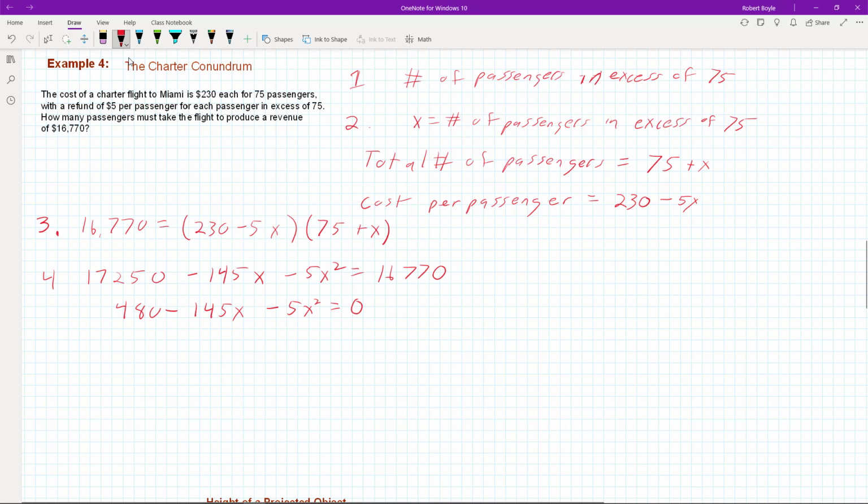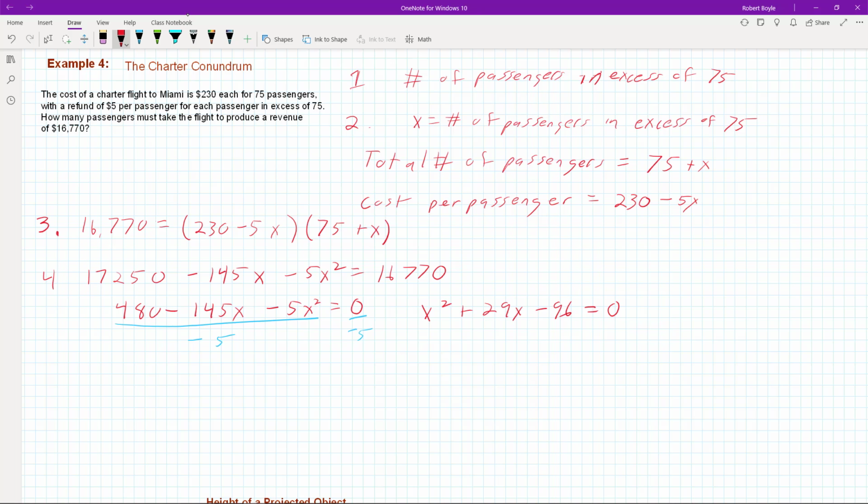Now I can divide both sides by negative 5 to get rid of the a term. And if I do, I will have x squared plus 29x minus 96 is equal to 0.